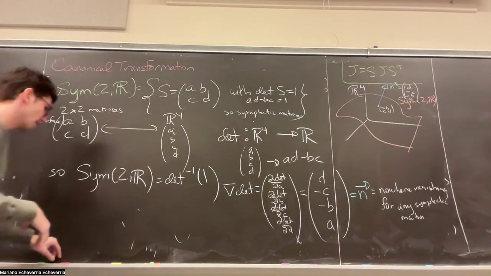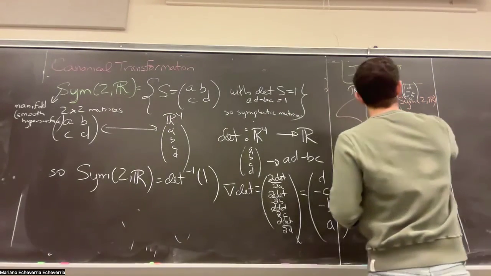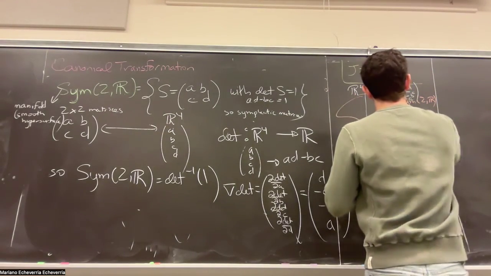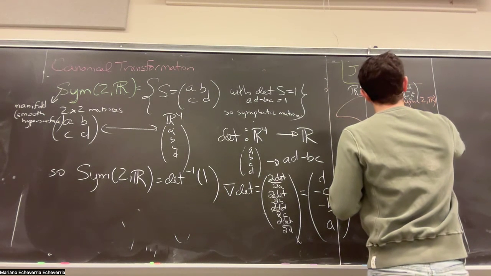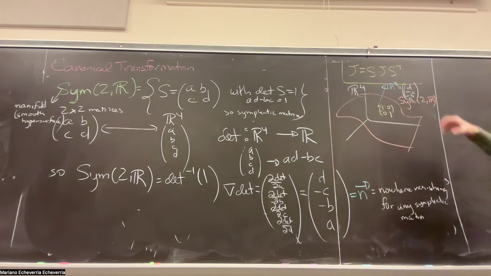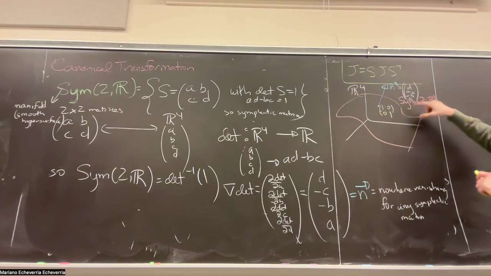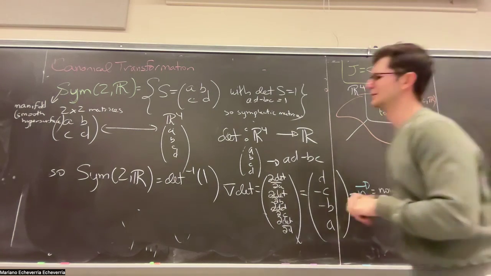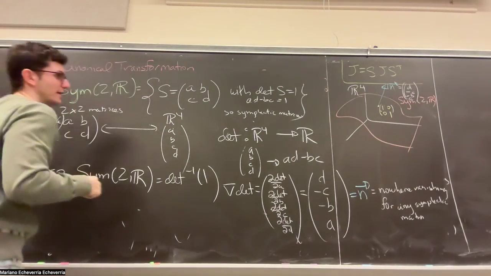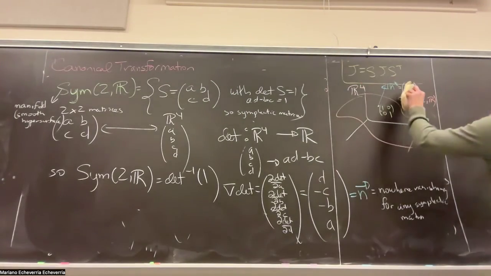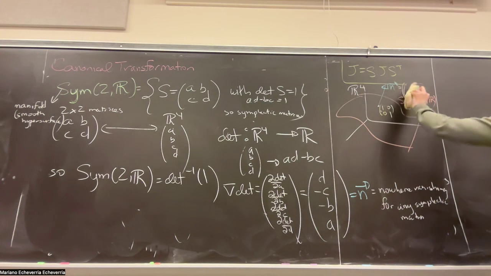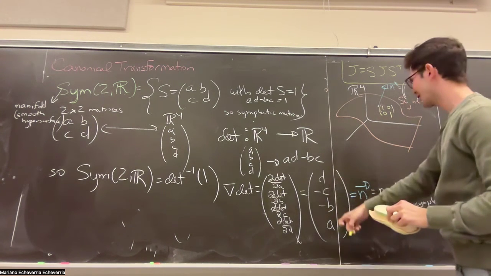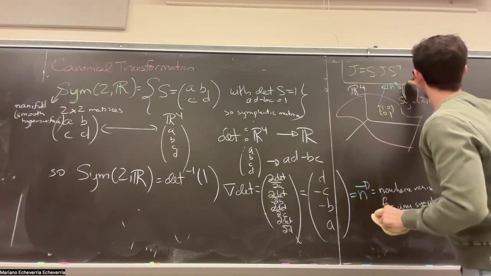So when you have the identity matrix here, you have a normal vector associated to the identity, which is a nice coincidence: the normal vector to the identity just happens to be the identity itself, in terms of the entries, because D is 1 and A is 1 and the other two are 0.